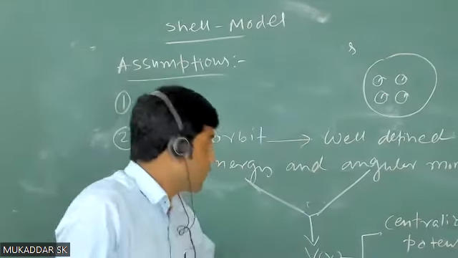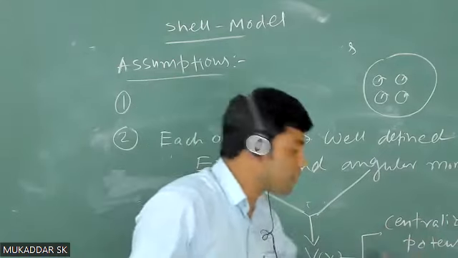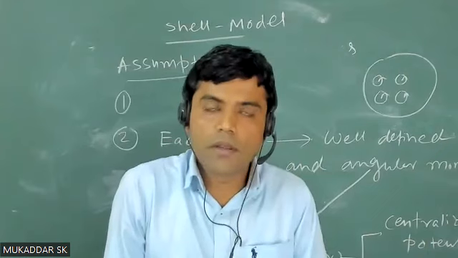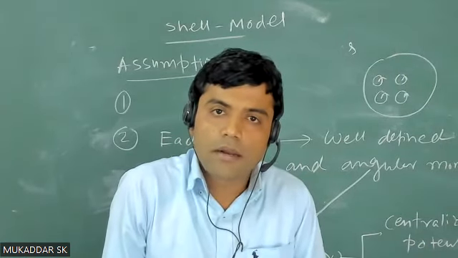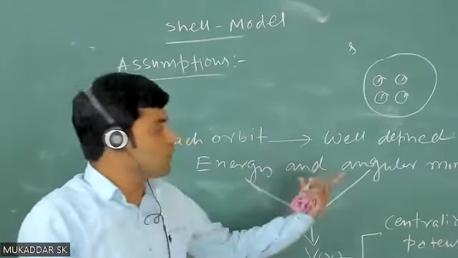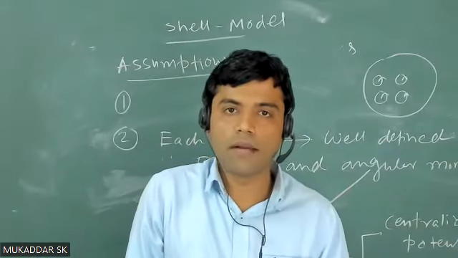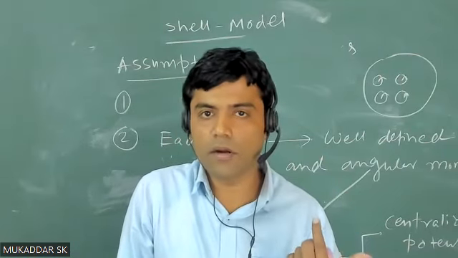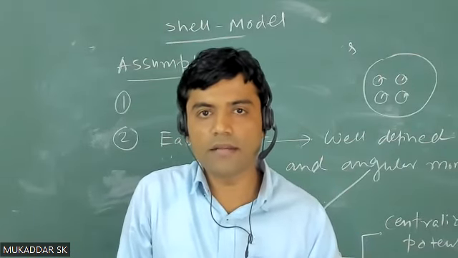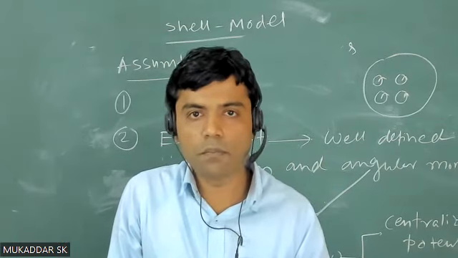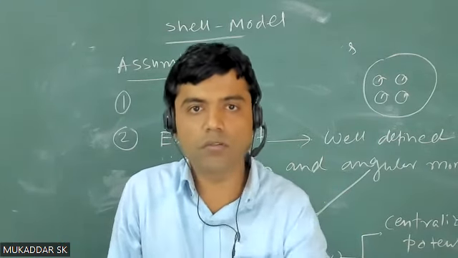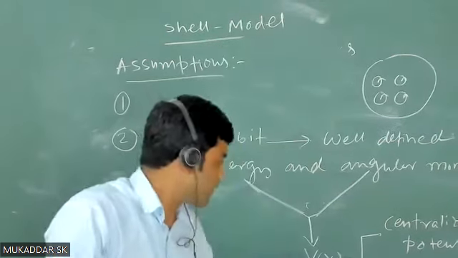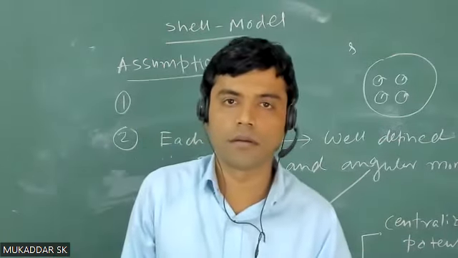Now, what is the meaning of that? What is called centralized potential? Let me tell you, to calculate the energy or angular momentum, because your nucleon is a quantum particle, to describe the energy or angular momentum of orbital motion of a nucleon, you have to have the potential energy of this nucleon.